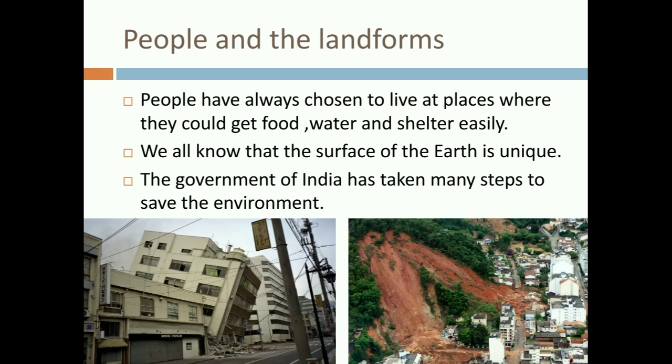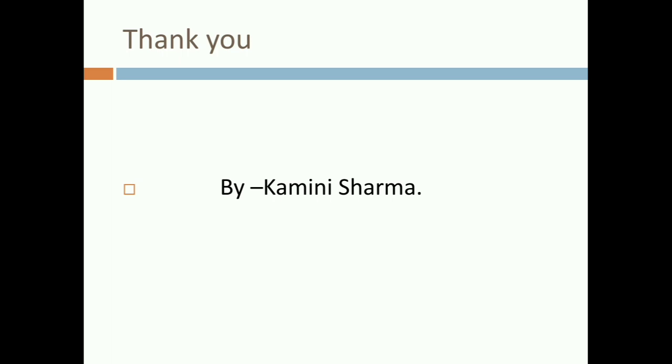We should be careful about this so that the earth continues to be a livable place for many centuries in the future. The government of India has taken many steps to protect the environment and bring about cleanliness. Use of plastic has been controlled and campaigns such as Swachh Bharat have been undertaken to ensure a better and healthy environment.